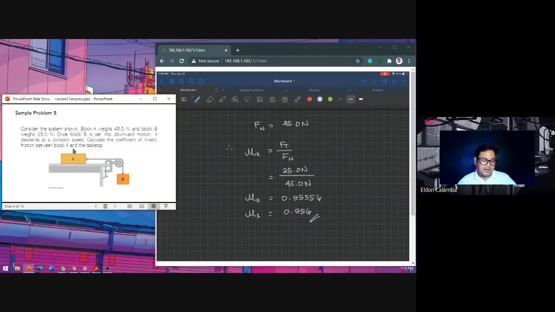That is now our answer. The coefficient of friction, they're always unitless. Okay, and sometimes it is lesser than 1 and close to 1, and sometimes mag-equal siya kay 1. Okay, so that's the solution for sample problem number 5.